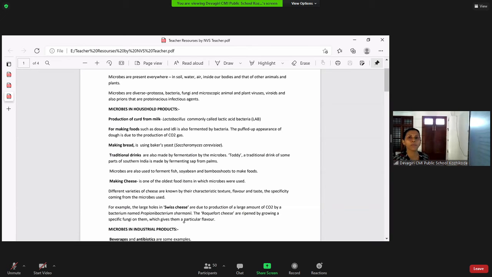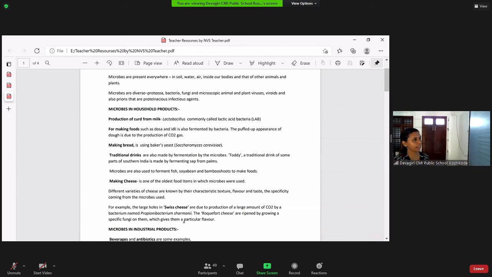And how microbes are used in household products. First one is the production of curd from milk, by Lactobacillus, commonly called lactic acid bacteria. And for making food such as dosa and idli, it is fermented by bacteria. So the term fermented bacteria is important. The puffy appearance is due to the production of carbon dioxide gas.